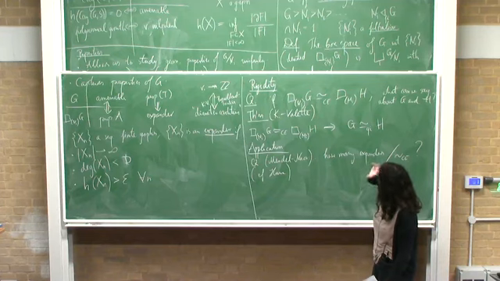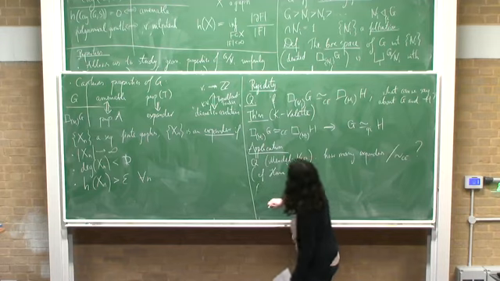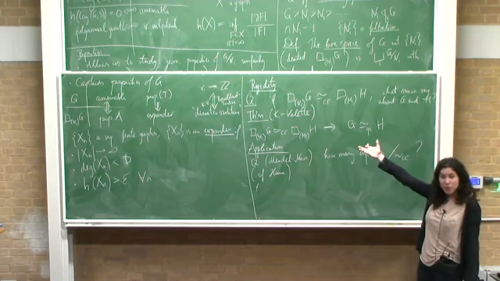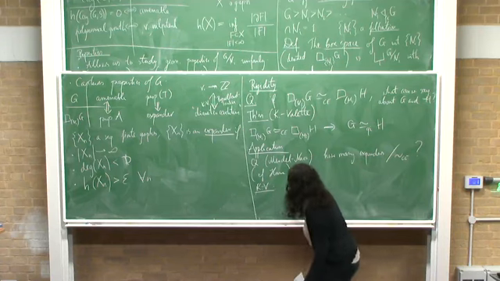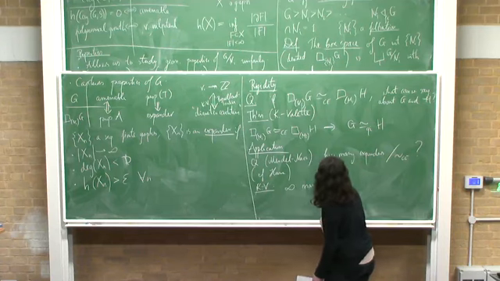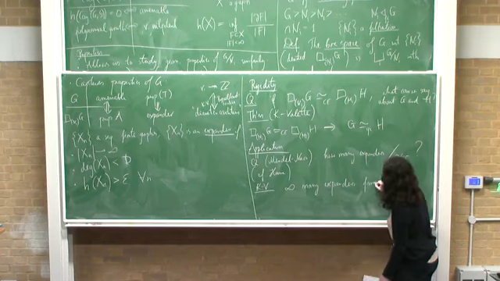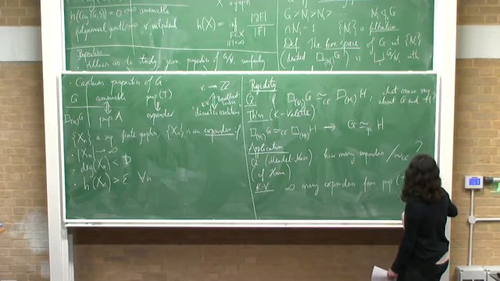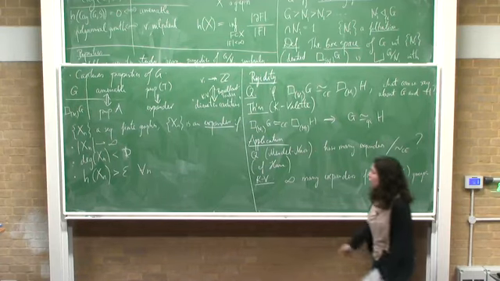Using this result, we can now show that there are infinitely many coarse equivalence classes of expanders coming from, say, property T groups. So we have many property T groups which are not quasi-symmetric pairwise.